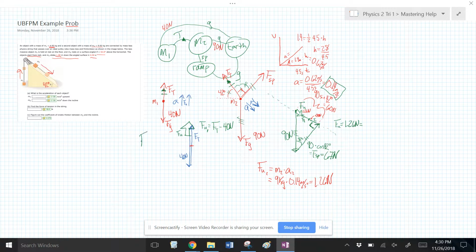So I can come right over here and say FU equals 4 kilograms times 0.14 meters per second squared. And where are we going to end up? 0.56 newtons is the FU.